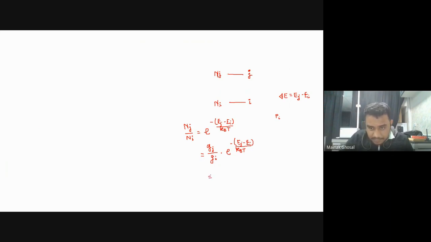This will give me Gj by Gi into exponential minus delta E by kBT. So this is the expression. This is the Boltzmann-Maxwell distribution: Nj by Ni is defined as Gj by Gi times e to the power minus delta E by kBT.